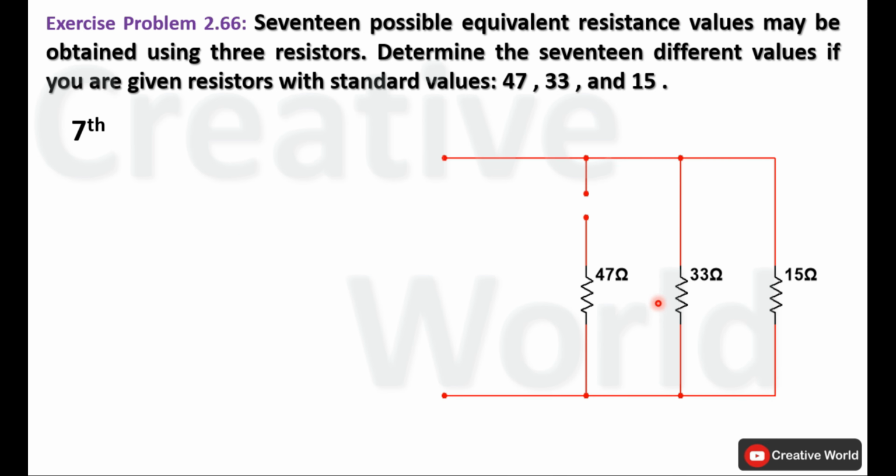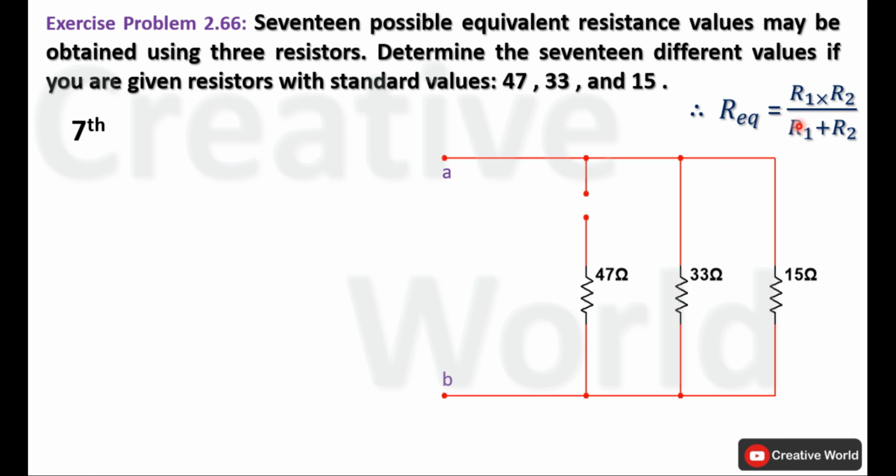In this configuration, these 2 resistances are connected in parallel and the third one is open circuited. So the equivalent resistance of these 2 parallel connected resistances will be equal to RAB. We will calculate their equivalent resistance using this formula. R equivalent is equal to the product of both resistances divided by the sum of both resistances.